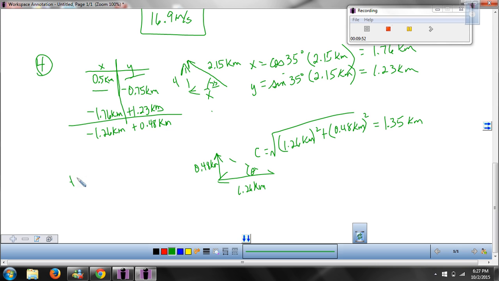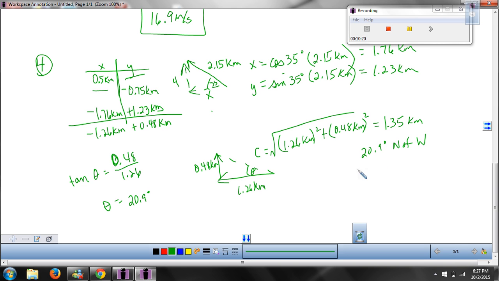So tan theta is 0.48 over 1.26, and theta wound up being 20.9 degrees, it looks like. So I can say that that's 20.9 degrees north of west.